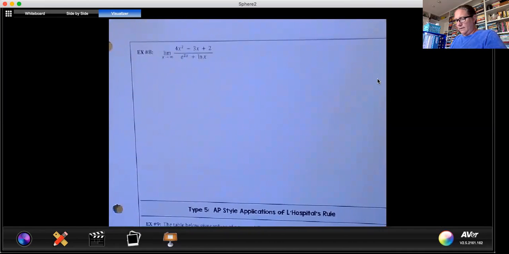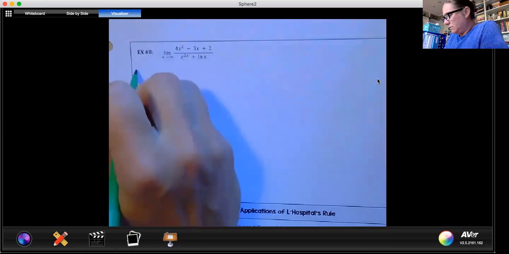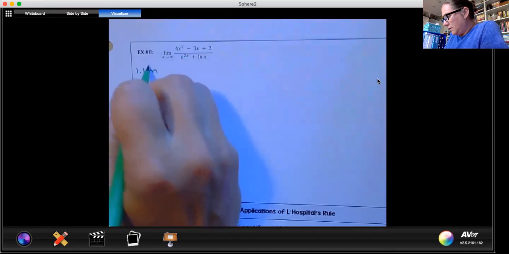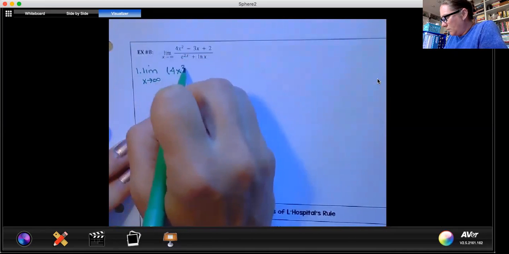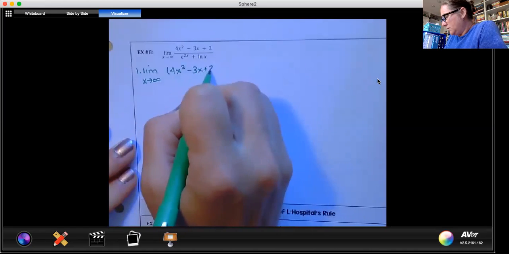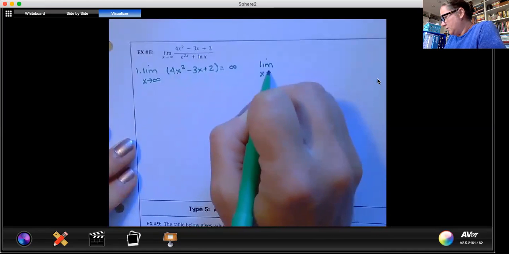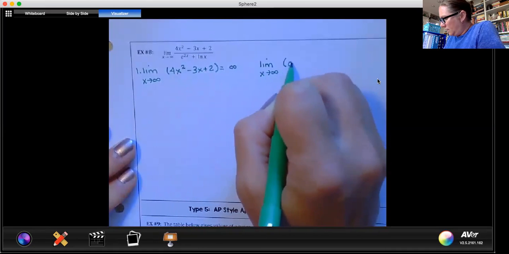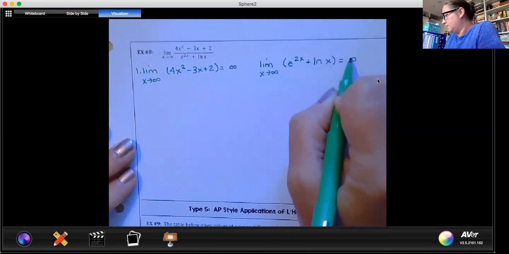If you would like to try this one by yourself, feel free to pause the video. The limit as x approaches infinity of 4x squared minus 3x plus 2 is infinity. The limit as x approaches infinity of e to the 2x plus ln x, also infinity.